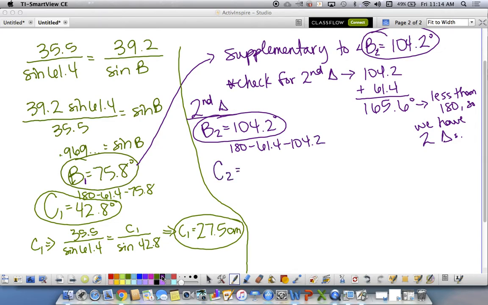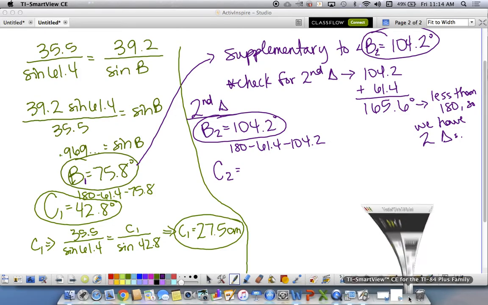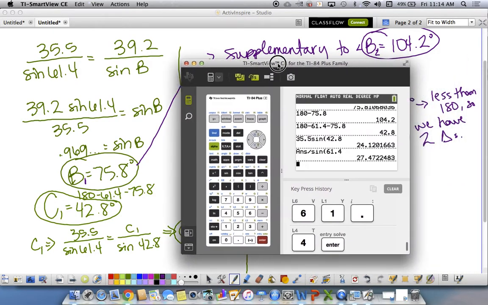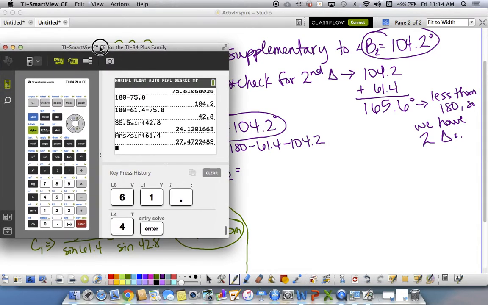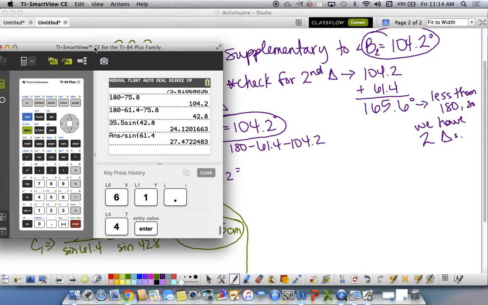So C2 will equal, and I don't have a calculator, I'm going to scroll this way. Maybe I can do it over here. 180 minus 61.4 minus 104.2, and we get 14.4 degrees.